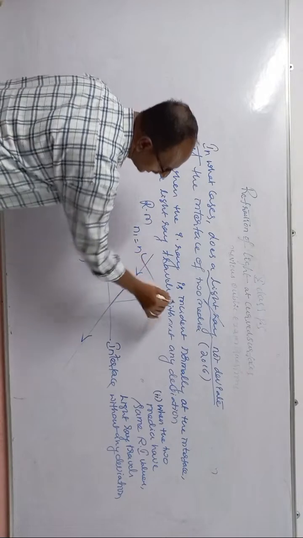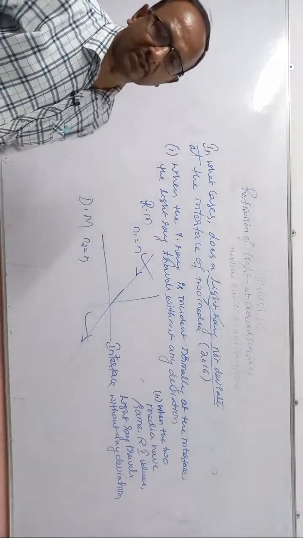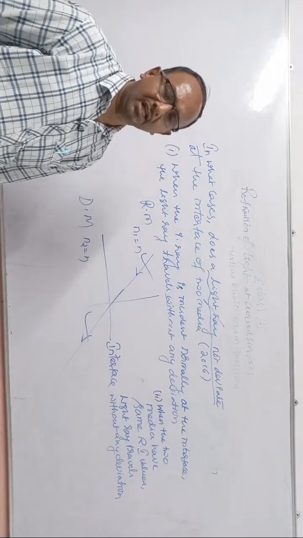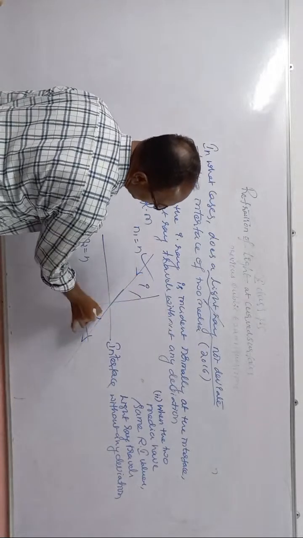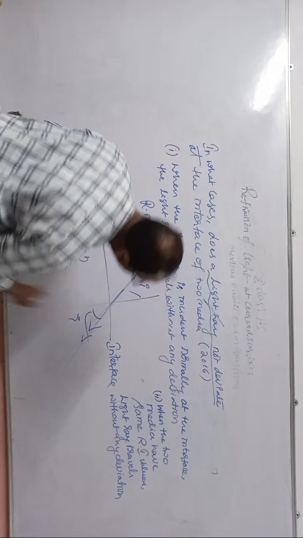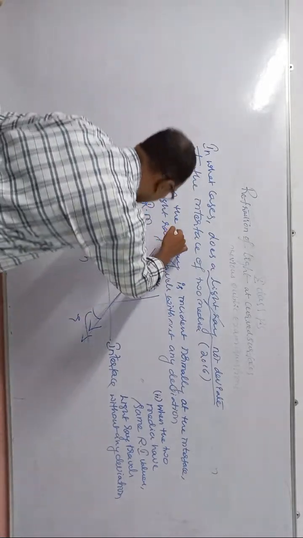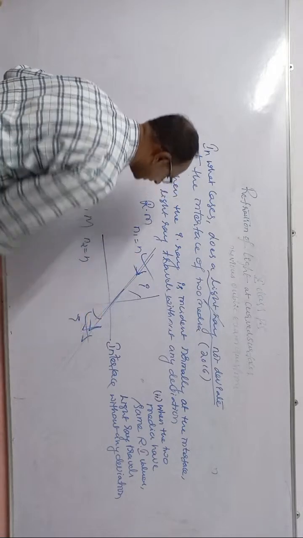So it is the incident ray, it is the refracted ray. In this case angle of incidence equal to angle of refraction can also be said. So this is angle of incidence and this is angle of refraction, both are equal and the light ray travels without any bending. When using a scale and pencil you want to draw the straight line, showing an arrow mark, incident ray and refracted ray.